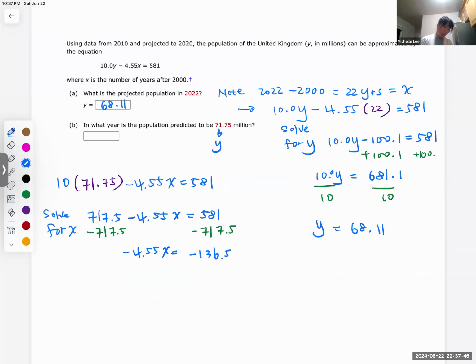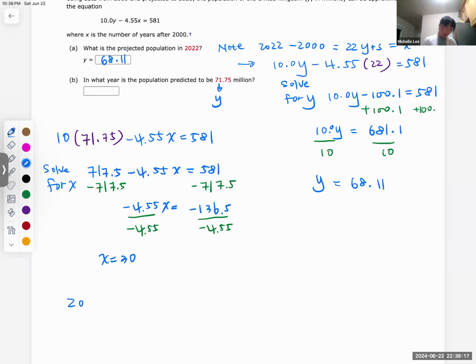We divide by negative 4.55 on both sides. So we get x equal to 30. Okay. So since x is the number of years after 2000, we want to add 2000 plus 30. It will be the year 2030, right?